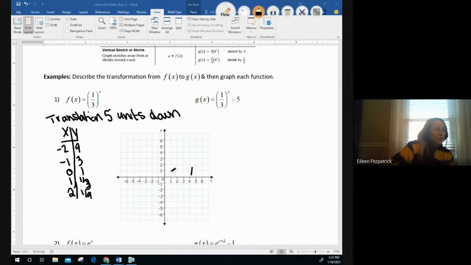So I'll plot those points. -2, 9, that's going to be off the graph like up here. -1, 3; 0, 1; 1, 1/3; 2, 1/9.